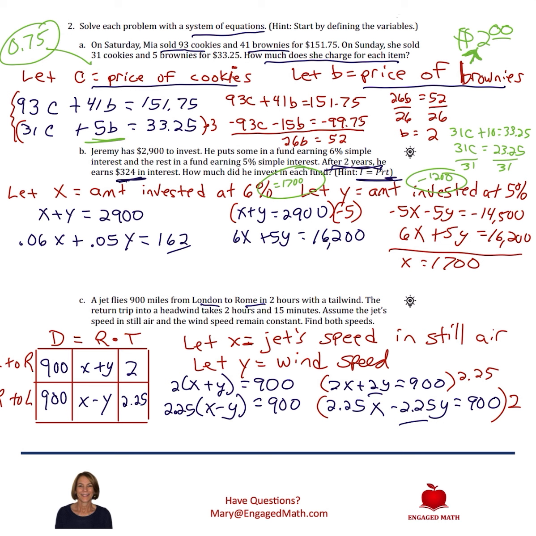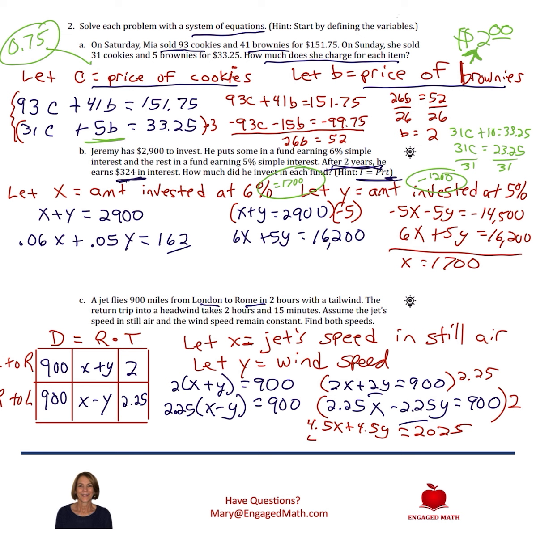So you're going to have 4.5x plus 4.5y equals 900 times 2.25. One way to think about that is it's times 2, which is 1800, and then another quarter of that, which is another 225. So you're going to get a total of 2025 right here.